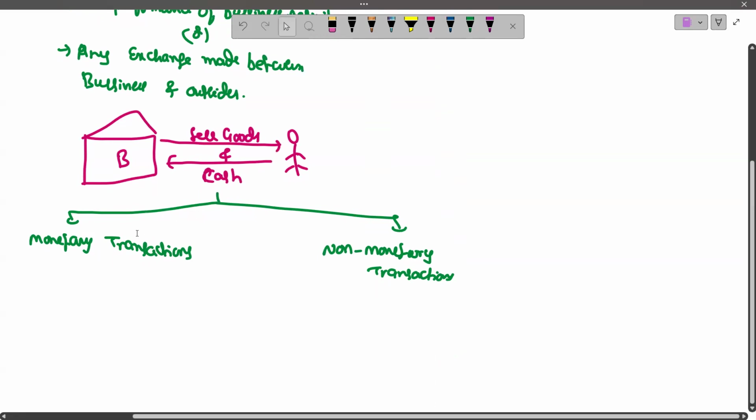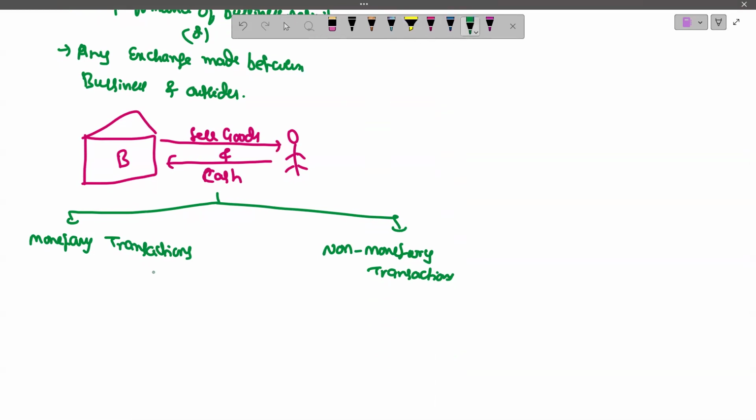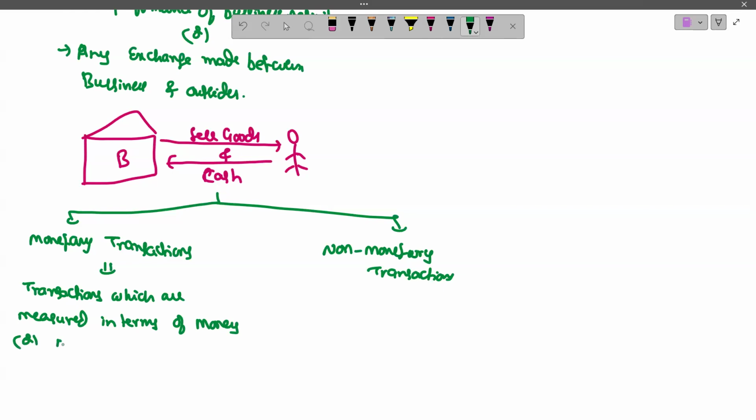Monetary transactions are nothing but the transactions which are measured in terms of money or money's worth. So those transactions which are measured in terms of money or money's worth are said to be a what?